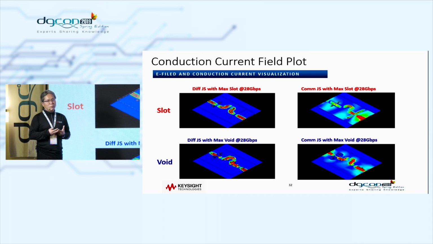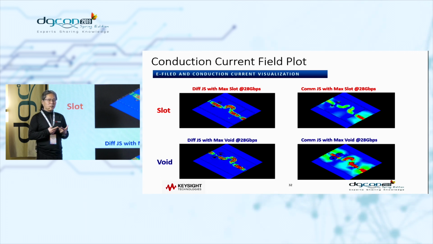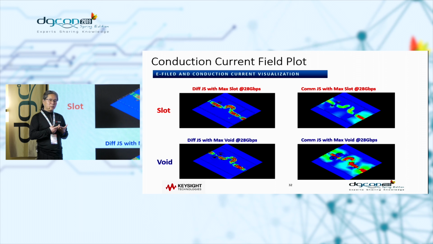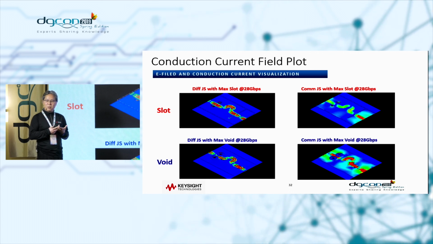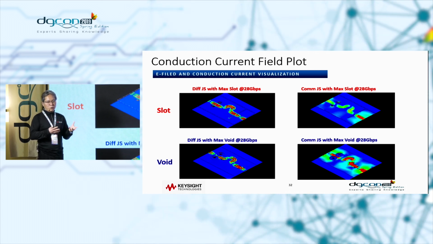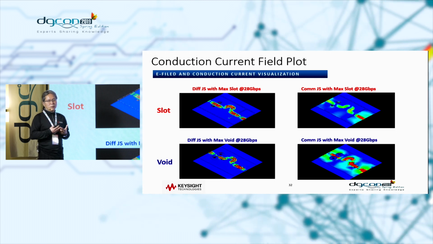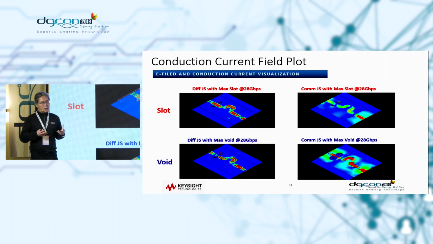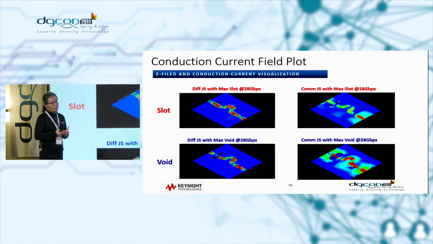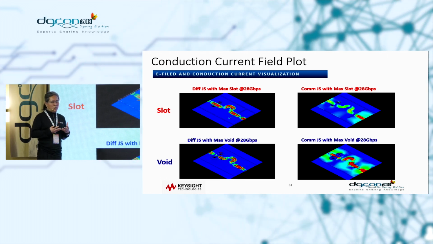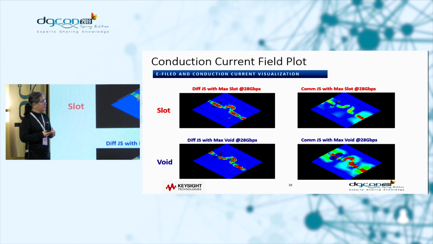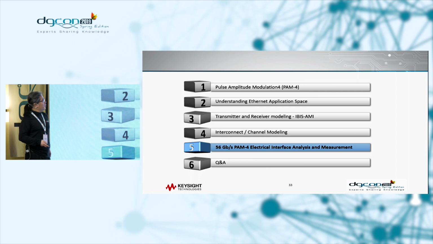Based on all the tests I have done, void is not a big deal, but slot is a lot more problematic. It's because it creates more mode conversion, or generates more common modes, which affects system EMI and EMC issues a lot more. So a little more caution needs to be put into slots than voids, right?